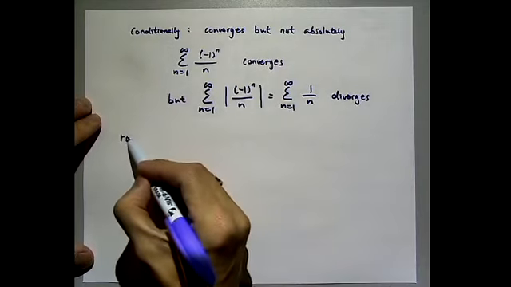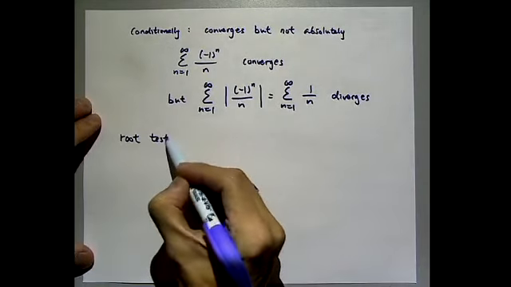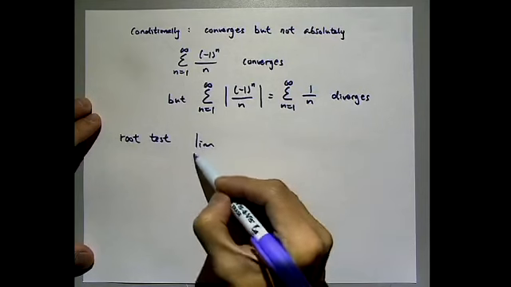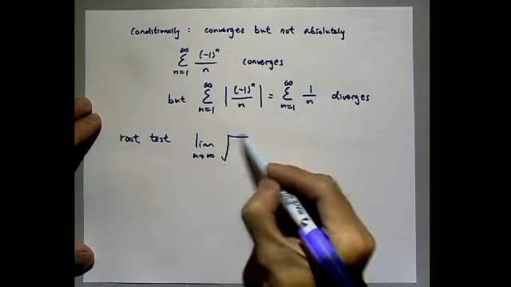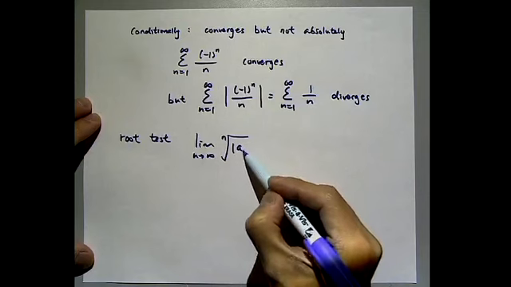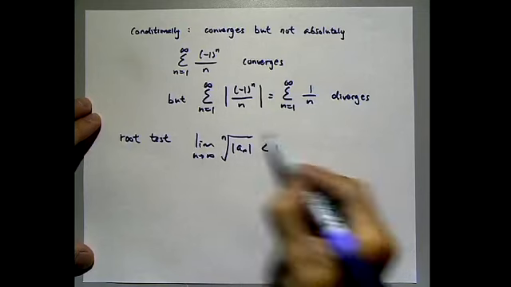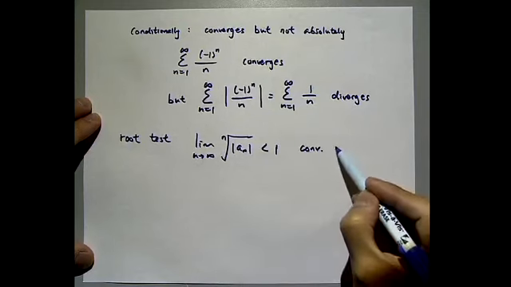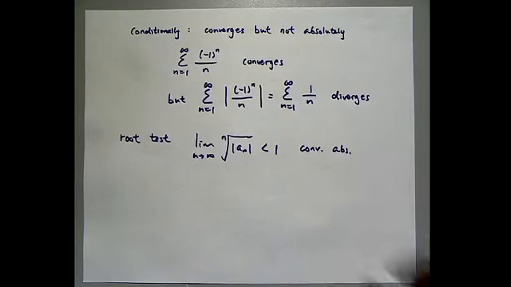All right, so let's continue with the tests. Root test. If the nth root of the absolute value of an is less than 1, just like the ratio test, this thing converges.